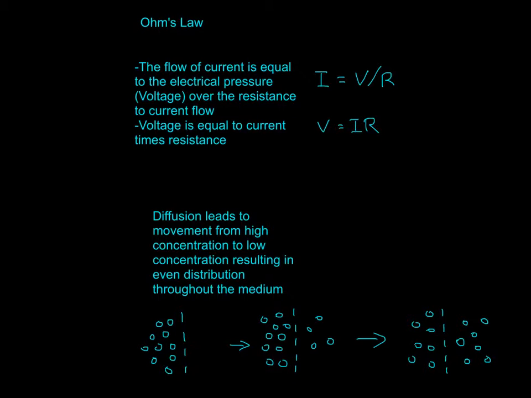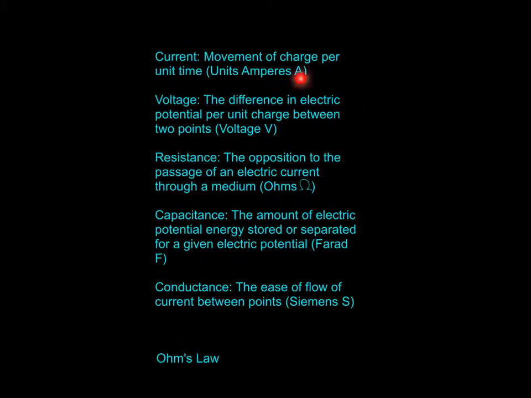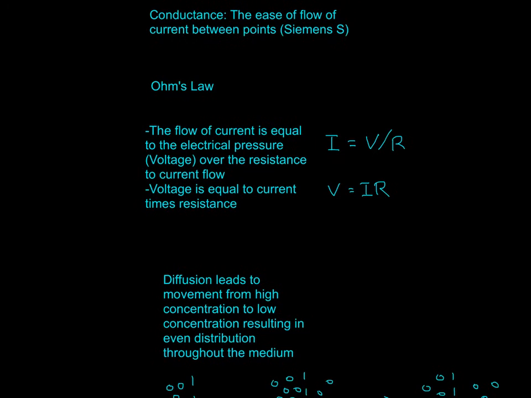That might sound complicated, but it's just flow of current, and you can represent that as an I. I know that the units are in amperes, but in this situation and in IV plots in neurophysiology, current can be represented as I. And then it's equal to the electric pressure. Electric pressure is just voltage, so V, over the resistance, so divided by R.